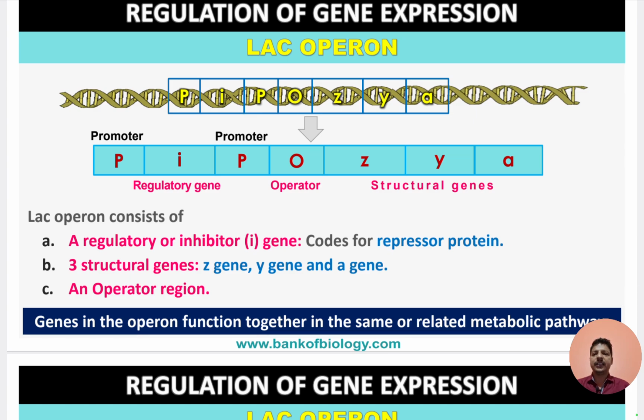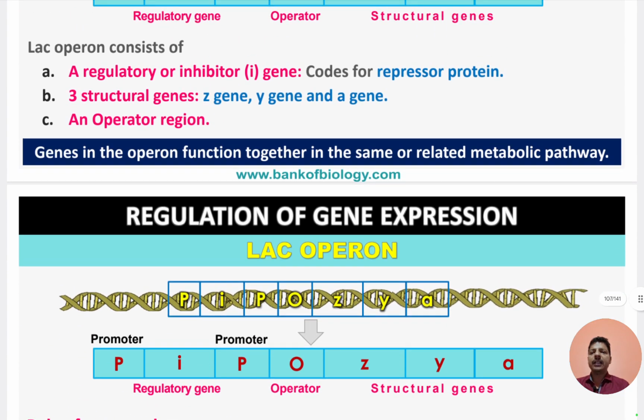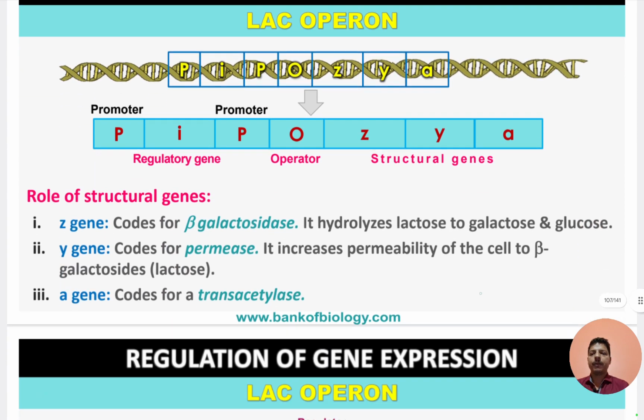Lac operon consists of a regulatory or inhibitor gene, the i gene, which codes for repressor protein, three structural genes, Z gene, Y gene and A gene, called structural genes, and an operator region O. Genes in the operon function together in the same or related metabolic pathway.